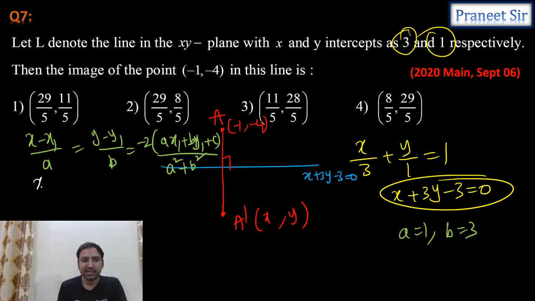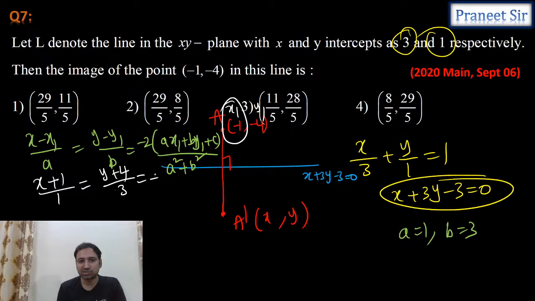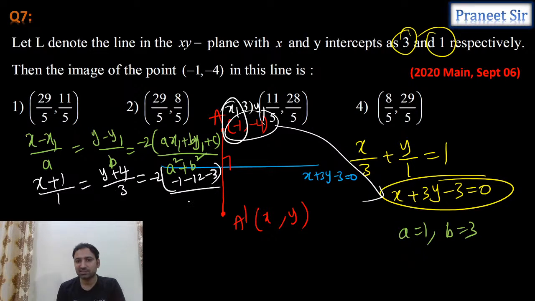Let's see. x minus x1 is what, guys? So this is x1 and this is y1. So x1 is minus 1: x minus of minus 1, that is x plus 1 by 1, is equal to y minus y1, that is y minus of minus 4, by 3, is equal to minus 2 times. So when we substitute this point here, how much are we getting? Minus 1 minus 12 minus 3 by a square plus b square, which is 1 plus 9.